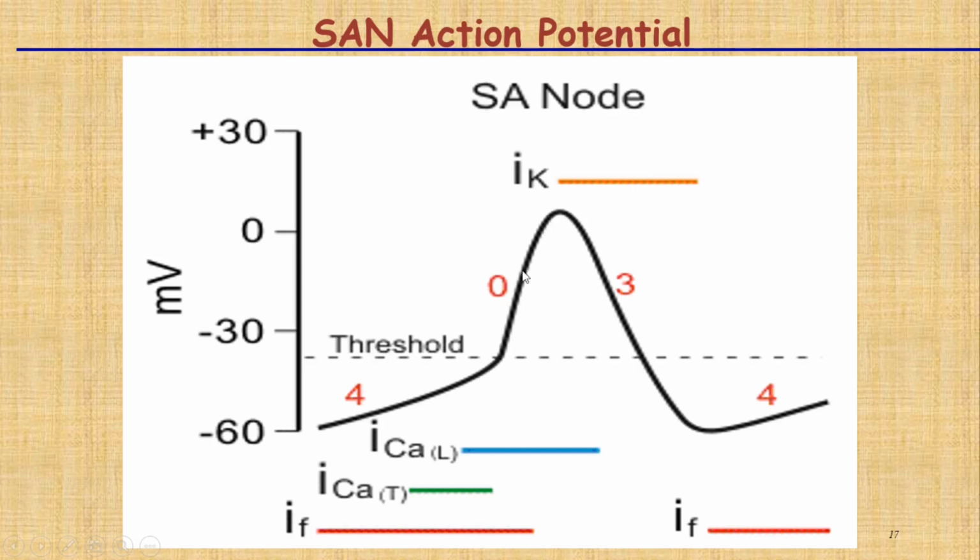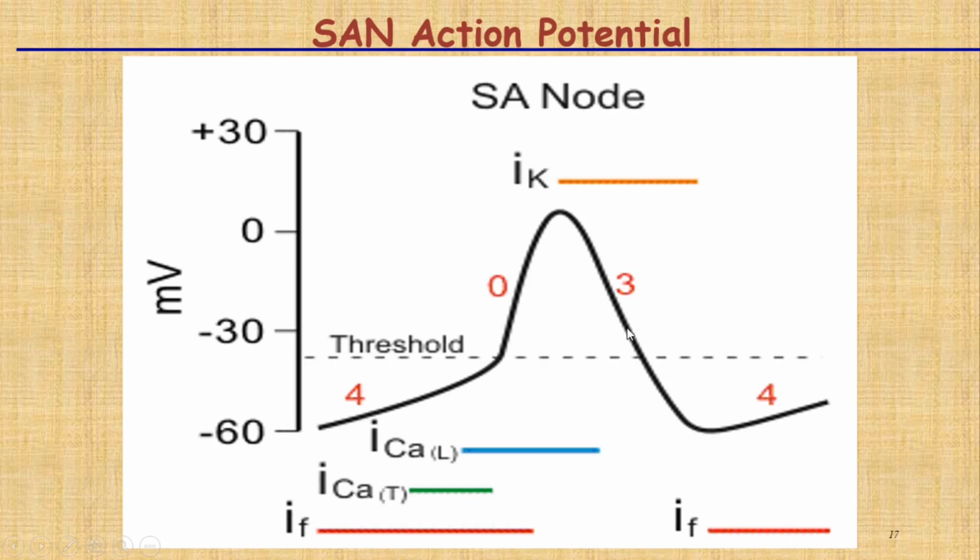Then the depolarization, that is phase 0, is followed by the phase of repolarization. Once the membrane potential in the repolarization nears its resting level, that is minus 60, there is a start of slow spontaneous depolarization. Here the membrane potential doesn't stop at this level. It is not stable. It is always unstable, that is restless.